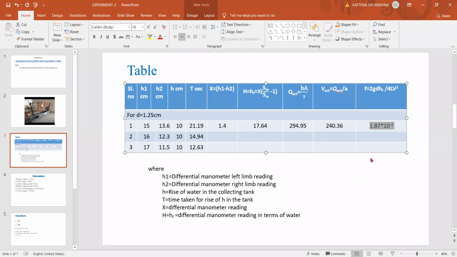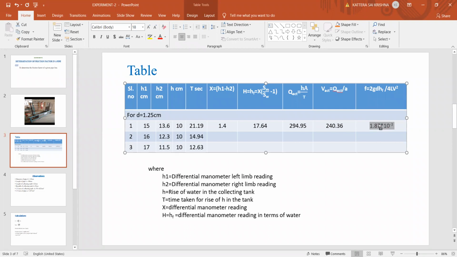Check it once. Sir, it's wrong, sir. 1.49 into 10 to the power of minus 3. 1.49, yes sir.